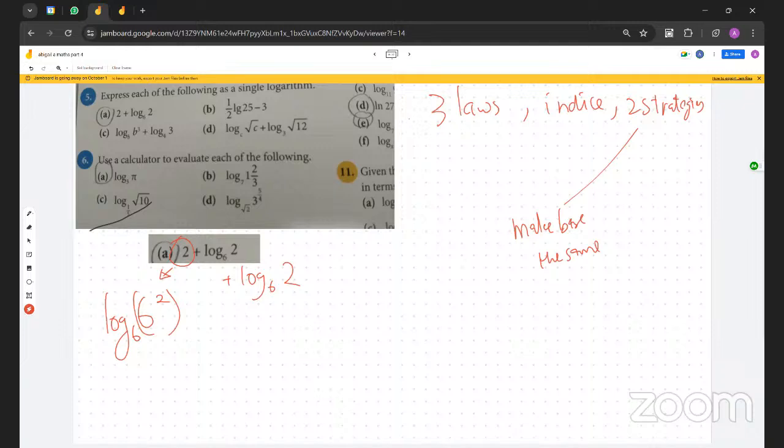Which law are you talking about? Base change law, power in out law, or the no name law? No name law, the one that makes many logarithms into one. You have fulfilled the requirement. Base the same, there's nothing in front. Please apply your no name law.